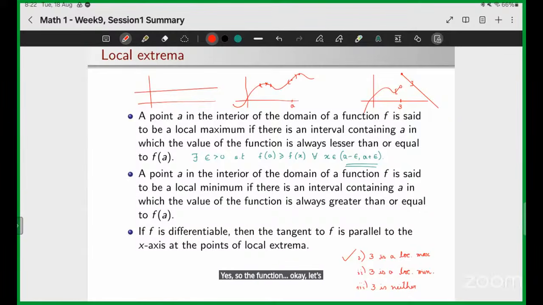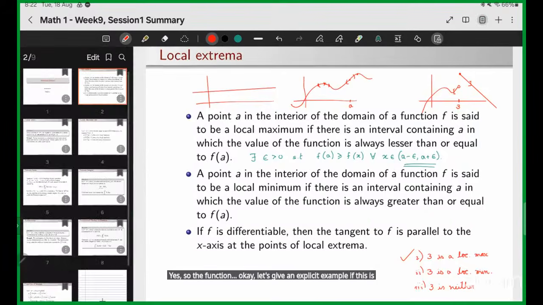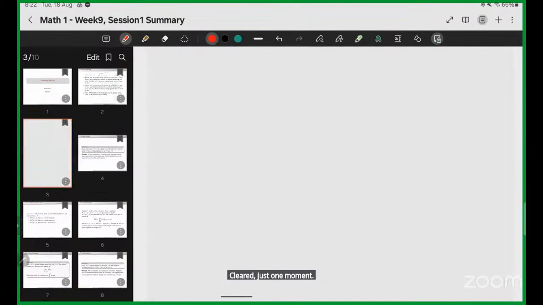Let's give an explicit example. If this is not clear, just one moment. Let's say I have f of x is equal to sin x from x is equal to minus pi to pi by 2 only.